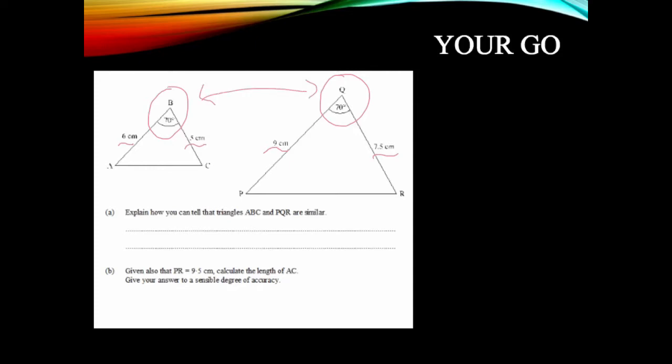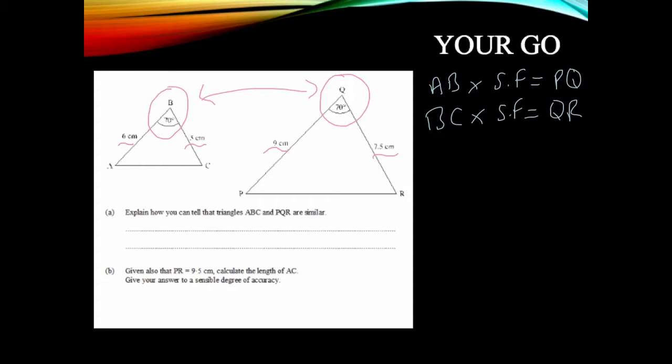If the length AB has been multiplied by some sort of scale factor to give you the length PQ, and the same scale factor has been used from BC multiplied by the same scale factor, and we get QR, then these two triangles are similar.